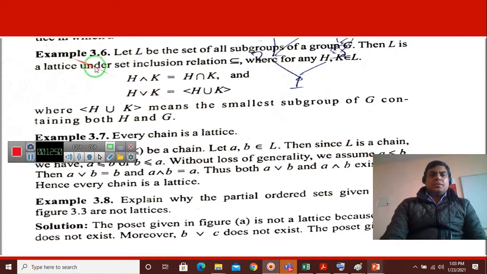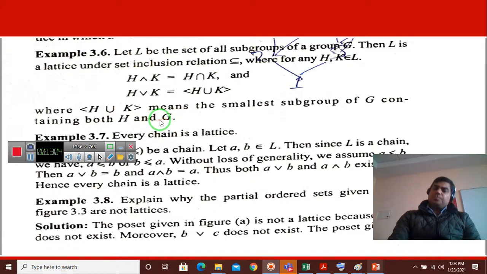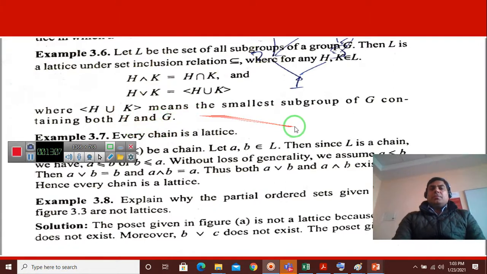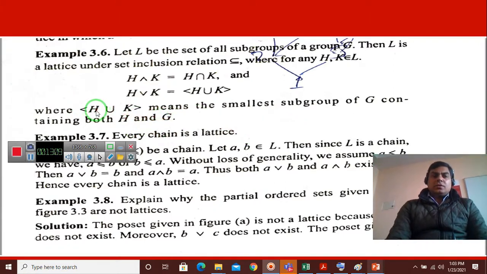The conjunction is the intersection, and the join means the smallest subgroup of G containing both H and K. It is saying that if you choose any two elements H and K from L, the intersection of these two is the smallest subgroup of G containing both H and K.